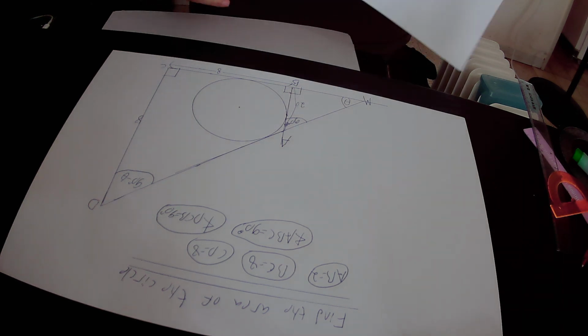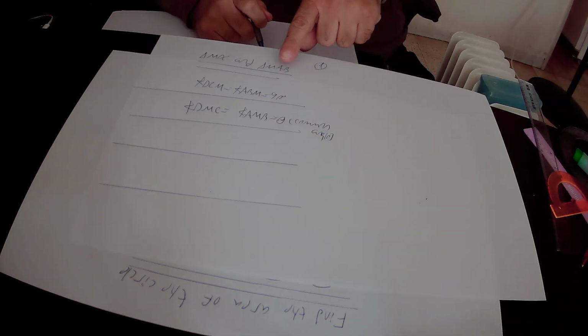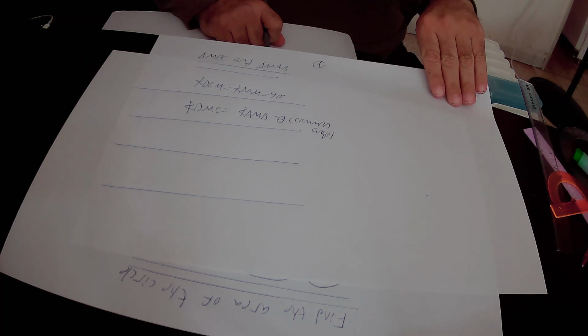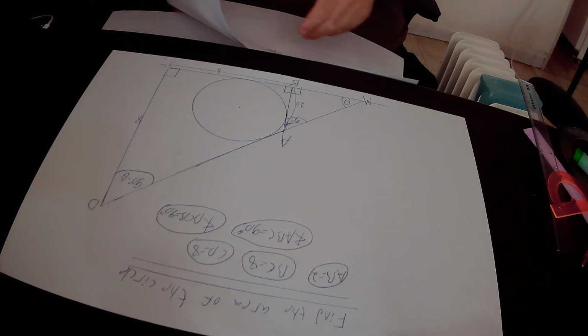So it is a common angle that belongs to both triangles, therefore angle theta equals itself.